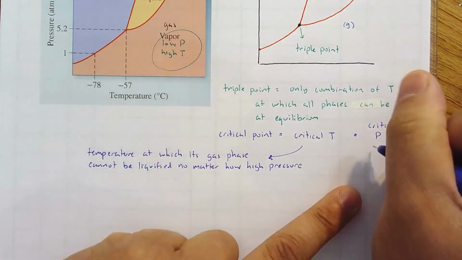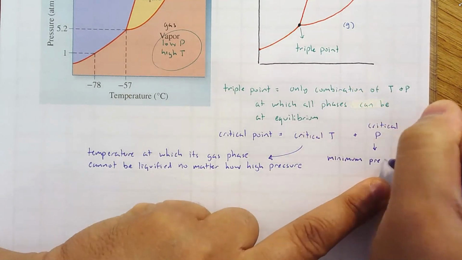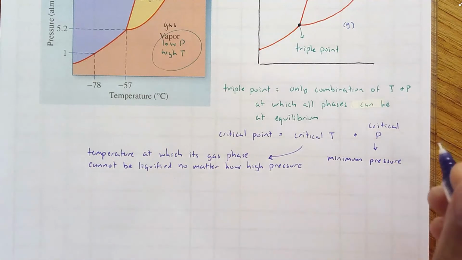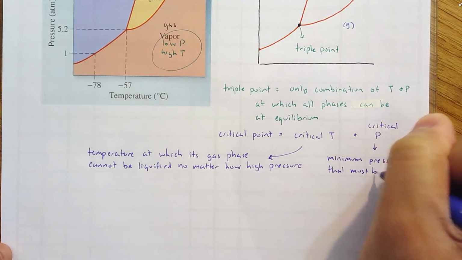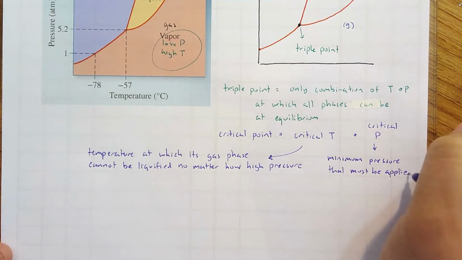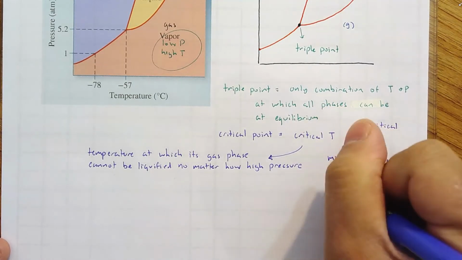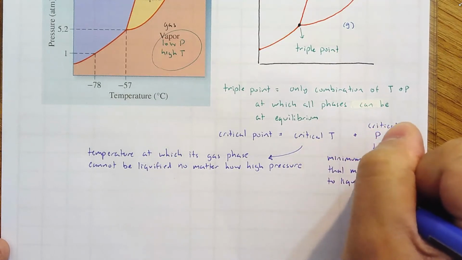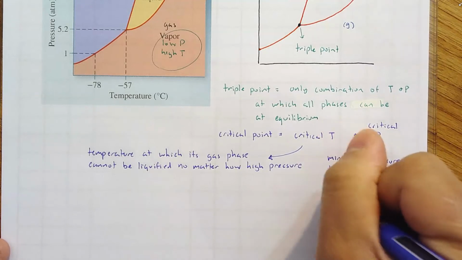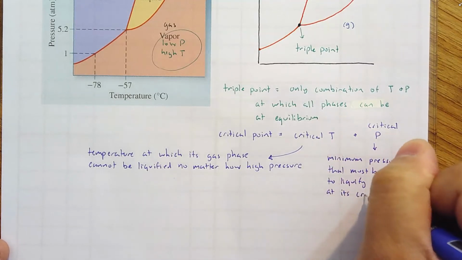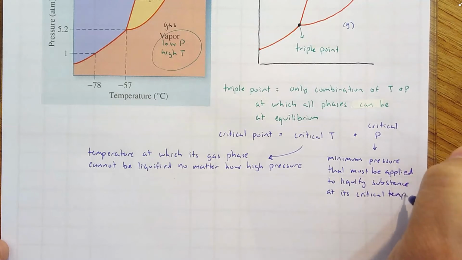What about the critical pressure? This is the minimum pressure that must be applied to liquefy a substance at its critical temperature.